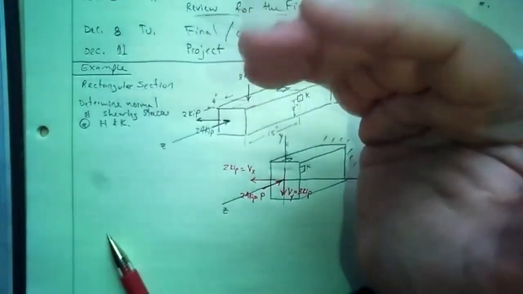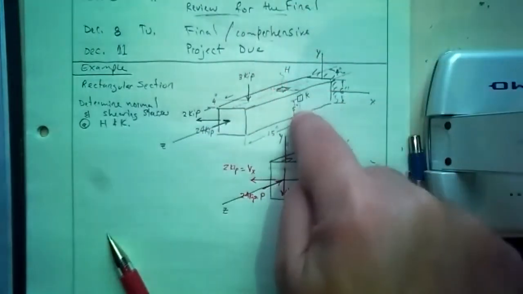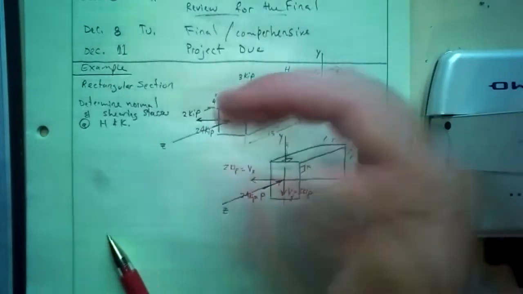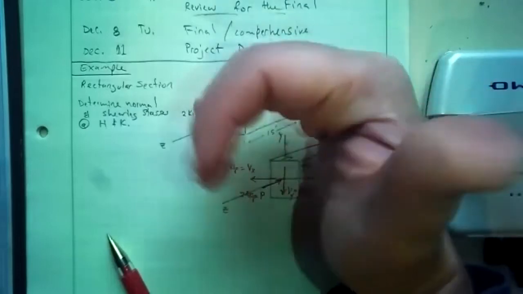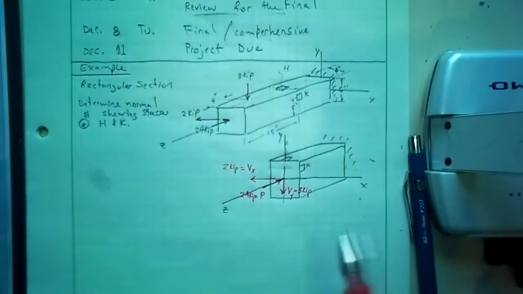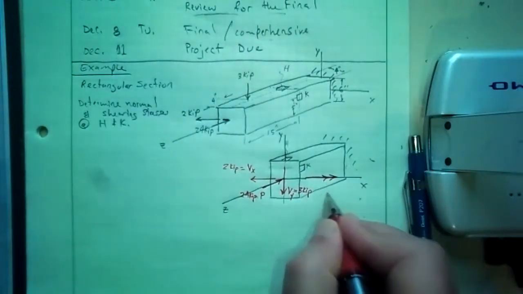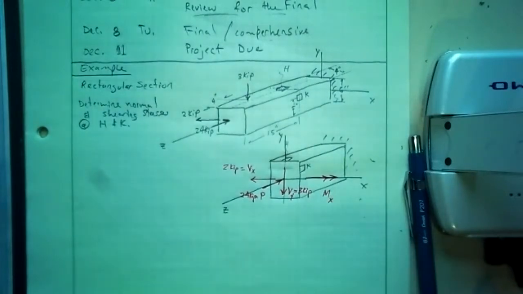So the fingers of the right hand in the direction of R. R goes from, again, the cross section that contains H and K, to where the force is applied, R, in that direction. Cross F, my thumb is pointing in the X direction. So I have a positive moment in the X direction, which is going to be 11 times 3.